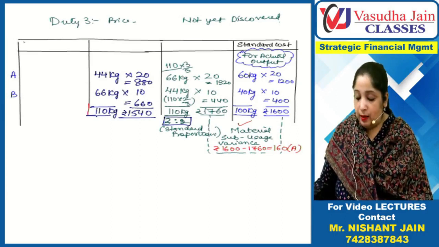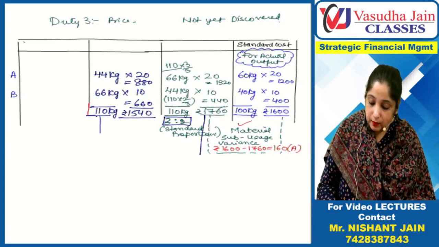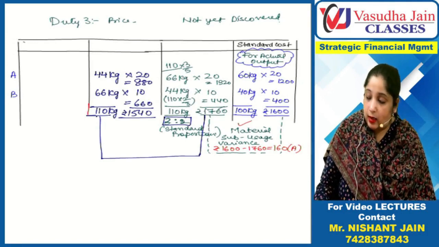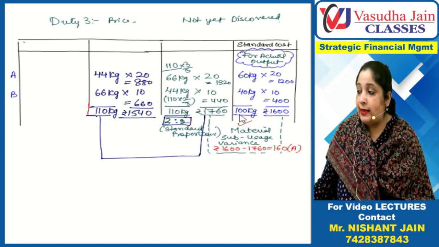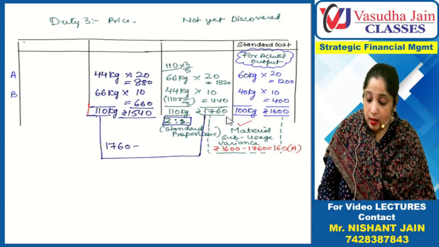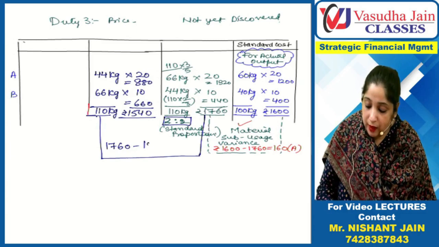So don't be happy, because basically the difference, that is the standard. Now 1760 will act as a standard, because if the proportion was standard, then this cost should have been incurred, and by changing the proportion your cost is changing to 1540.